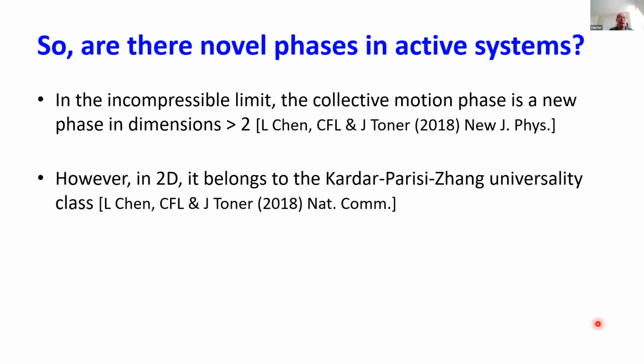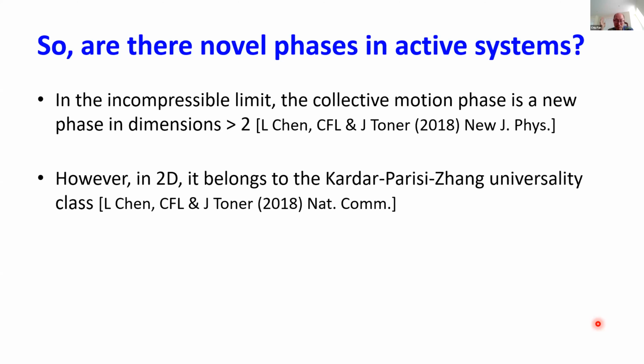However, if you are looking at 2-dimensional active fluids, it actually is not a new phase. It belongs to the Kardar-Parisi-Zhang universality class, which is a well-known universality class that describes surface growth models. So this is one example where you can have systems with completely different microscopic physics, completely different symmetry, and yet they belong to the same universality class.